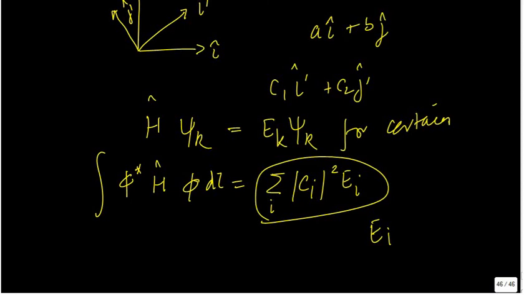For a single measurement, the probability depends on Ci square, but a single measurement can give me any of these eigenvalues. But I don't do a single measurement.